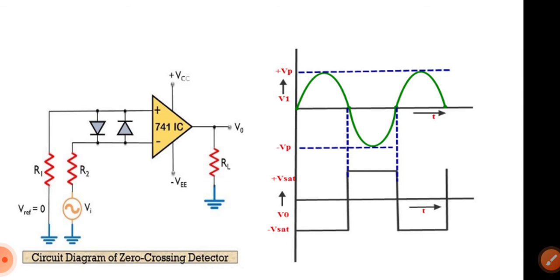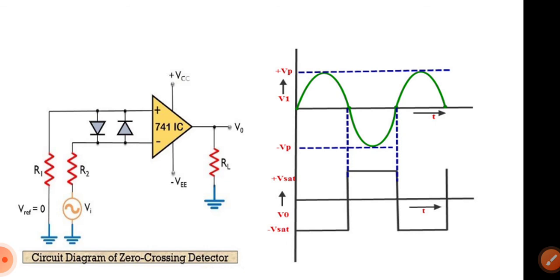I hope that was understood. When the input signal Vin crosses the 0 volt, the output V0 is driven into the negative saturation.